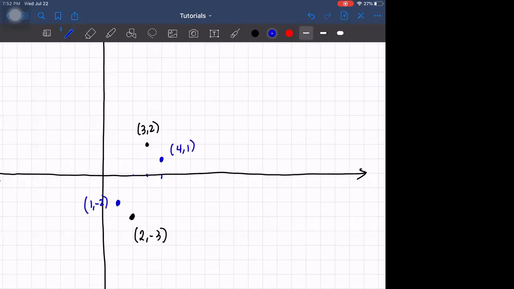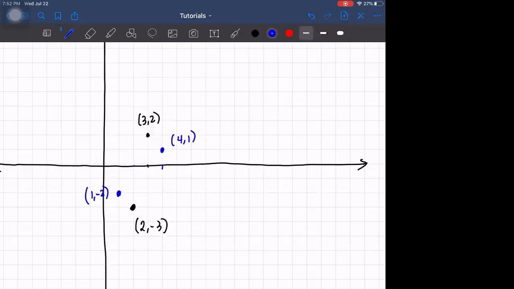And this is 1, negative 2. So, the first curve, kay nag-open siya upward. Ma-open na siya padung taas. And then the second curve goes down.